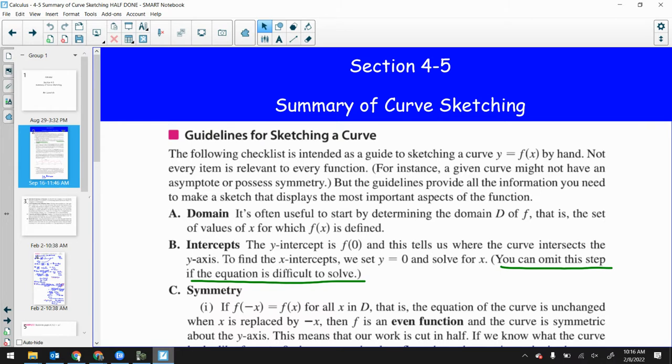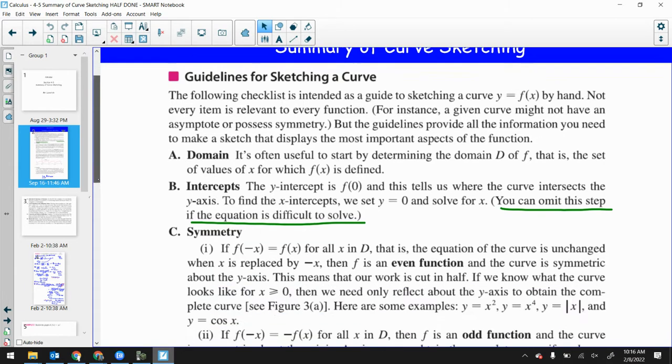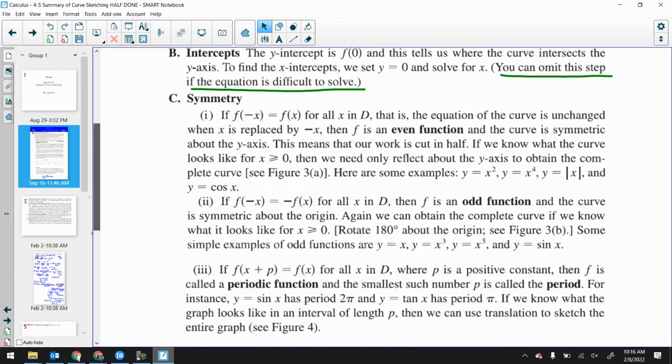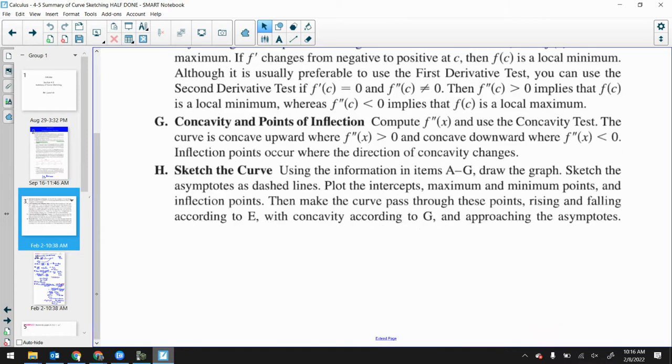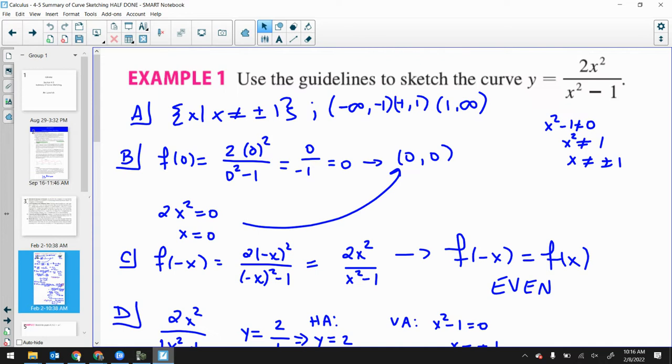We've got domain, intercepts, symmetry, and then all the calculus stuff: intervals of increase and decrease, maximum, minimum, concavity, and then sketch. We good over there?